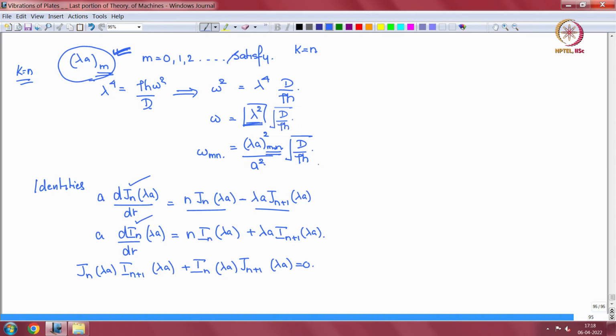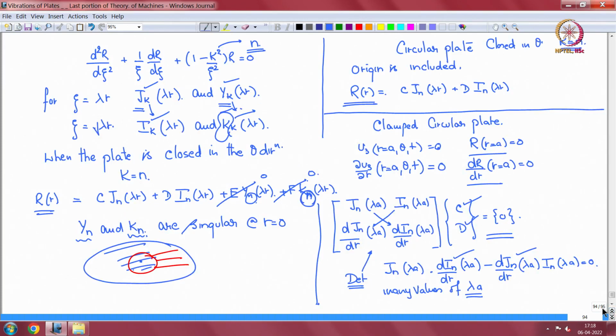Now once we found the lambda a of the mnth value, if we go back and put it in here, then the matrix becomes singular, so that any one equation is valid. Only one equation is unique over here, so we get J_n(lambda a) C plus I_n(lambda a) D equal to 0.